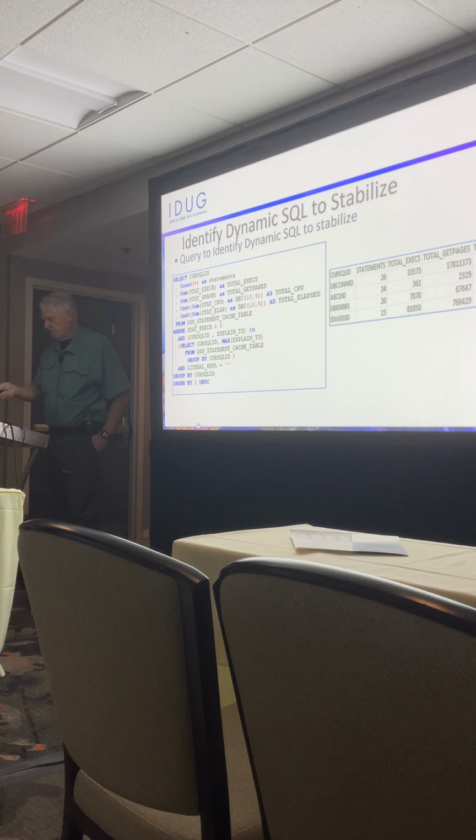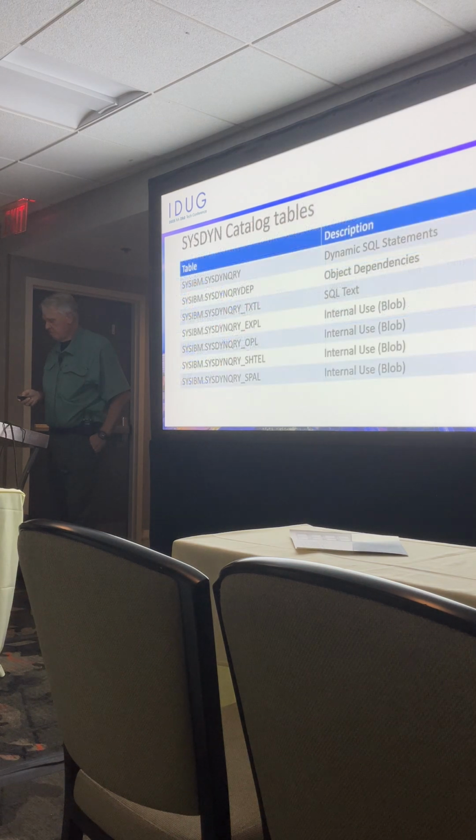Okay, and this is a SQL statement that could help with that, showing a group by which user IDs, how many statements are captured, and whether there's a lot of CPU time or elapsed time associated. And these are the catalog table names that capture the SQL.